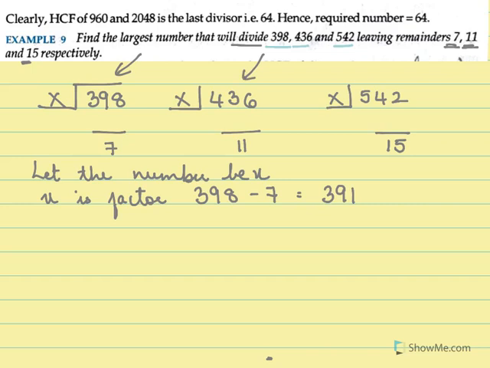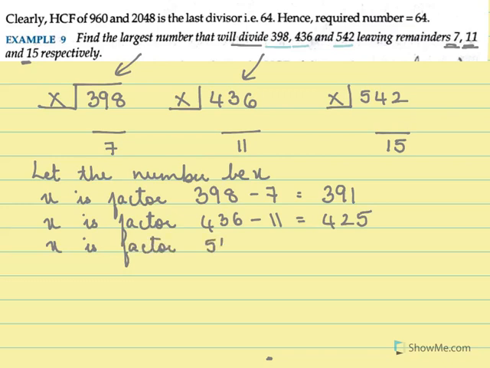In the second case, we see x is a factor not of 436 but of 436 minus the remainder, that is 11, and that becomes 425. And x is a factor of 542 minus 15, and this is 527.